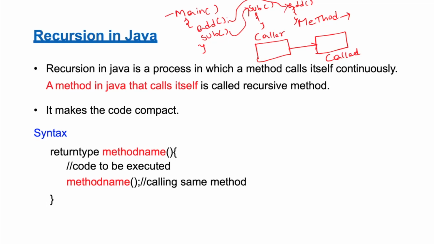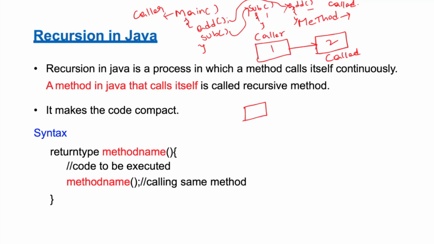So in this case, our main method is known as the caller method, and subtraction and addition are known as called methods. If you observe, there are two different entities, one a caller and another a called method. Whereas in recursion, both entities will be the same function.